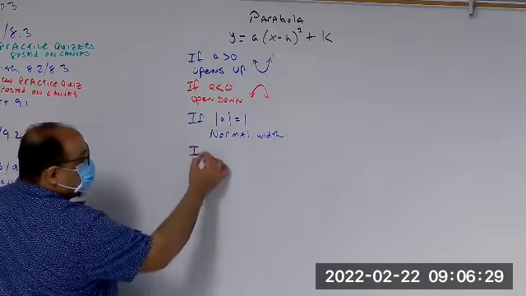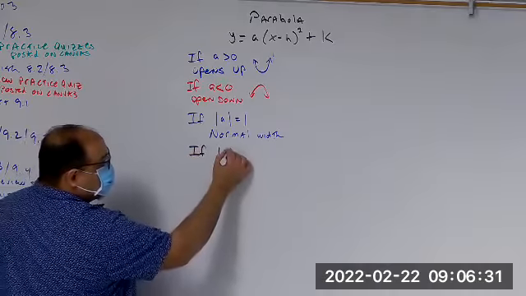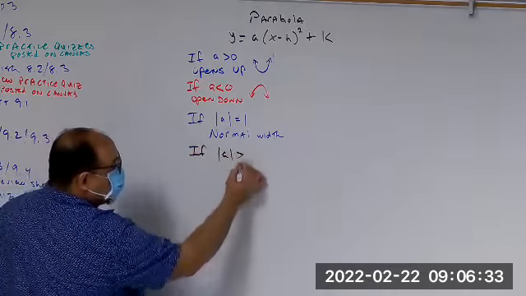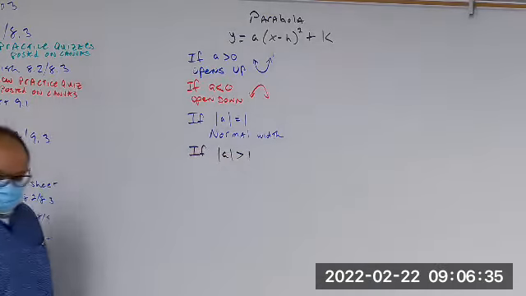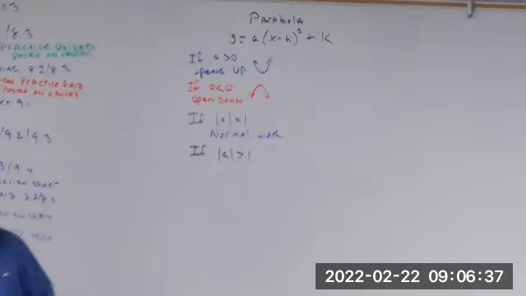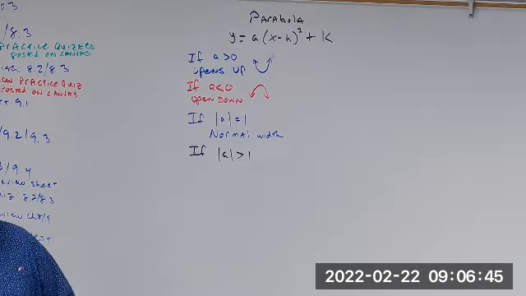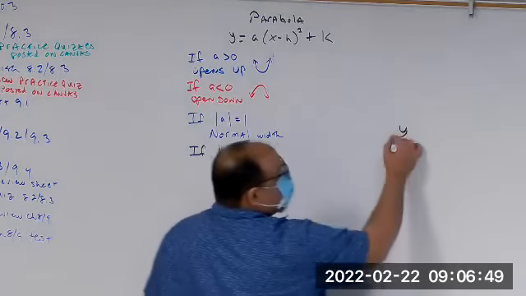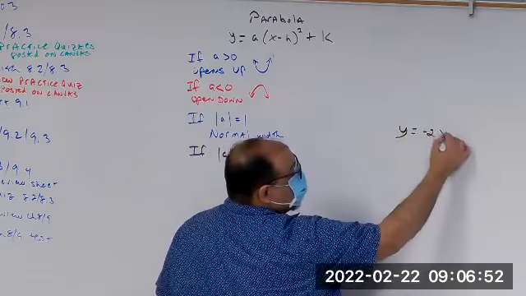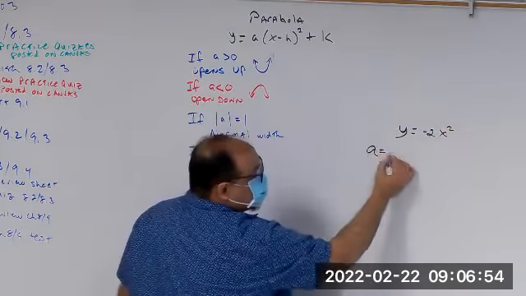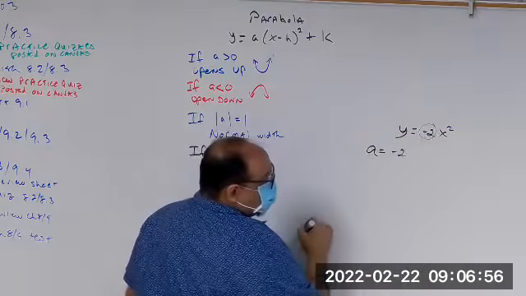Yeah. The absolute value of A is greater than 1. I'm using the absolute value because maybe it's a positive 2. Absolute value of 2 is 2. Maybe it's a negative 2x squared. If you had y equals -2x squared, so A is a -2 right there.